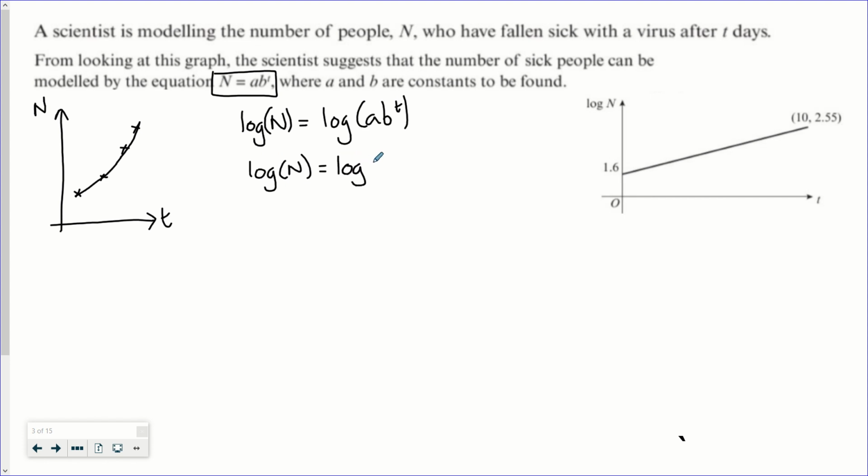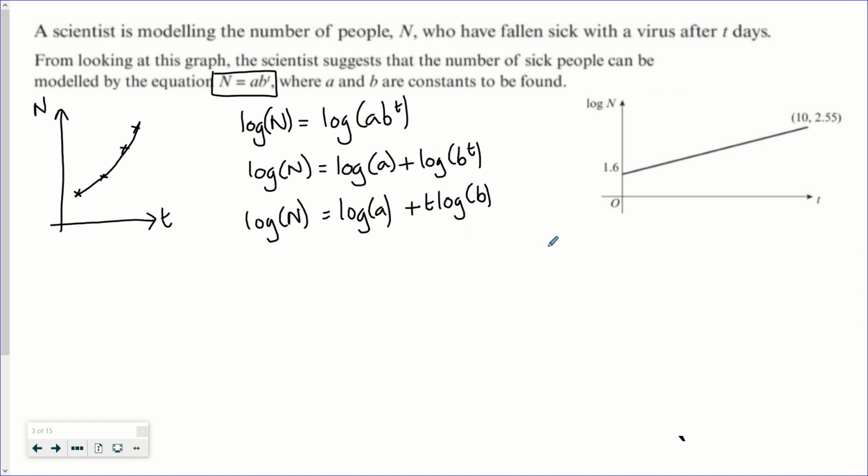So we could write that as log of a plus log of b to the t, and then we'll use a log law on the last term here and bring the t to the front. So we'll write it as t log b. So we get that log n is equal to this on the right hand side. And this is going to help us.